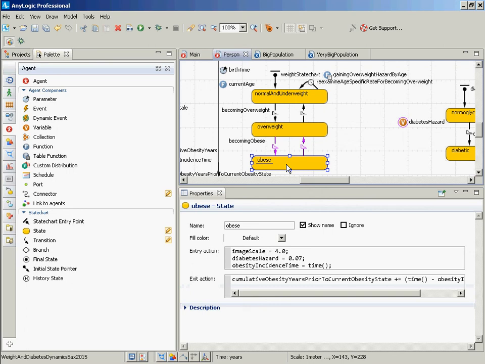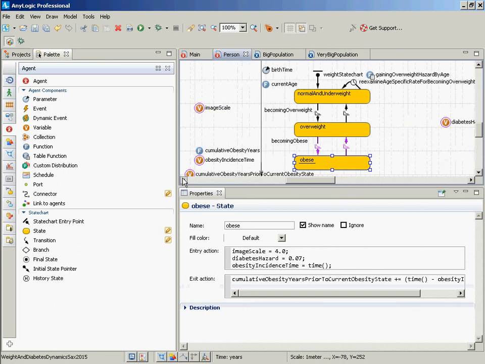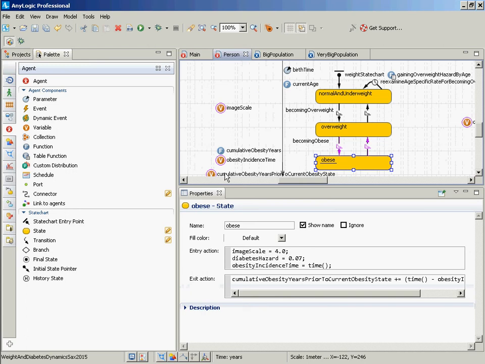What's going on here is this entry action remembers the time when they started this episode. This exit action basically takes the length of the current episode, as dictated by the difference between the current time and the time when they started this episode. So it takes that length of the current episode and accumulates it into this so that we remember their cumulative exposure.